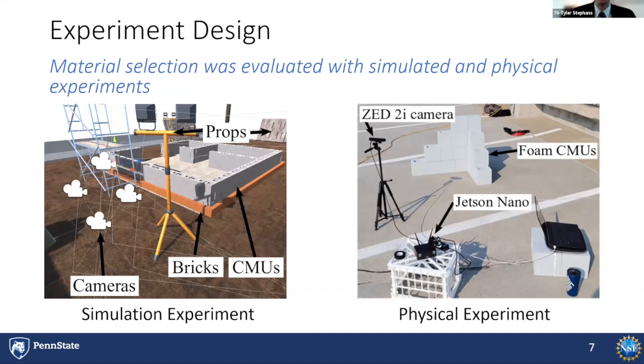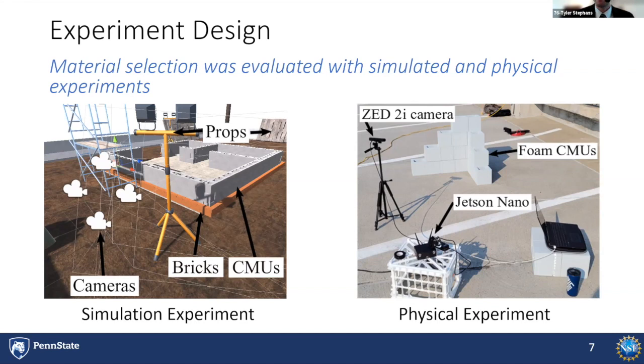So to evaluate this system, we conducted experiments in both simulation and in real life. These experiments consisted of an array of cameras and a sort of mock construction site. Part of the objective was to assess this system's ability to determine the correct current step and select the materials for staging regardless of what the true current state of construction was.